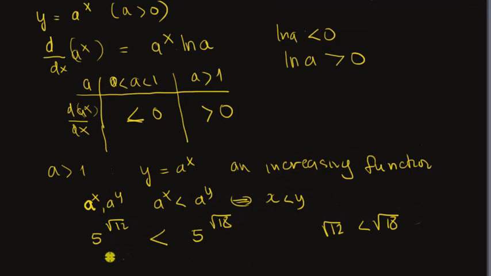Okay, and this implies that 5 to the 2 square root of 3 power is less than 5 to the 3 square root of 2 power, and we are done.